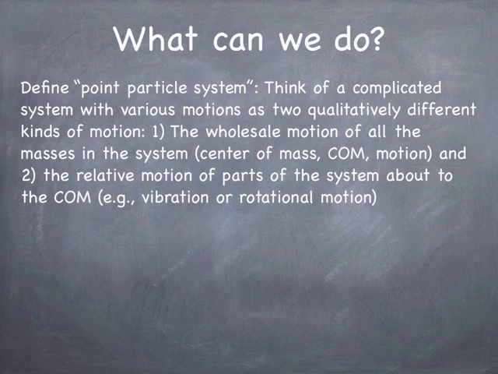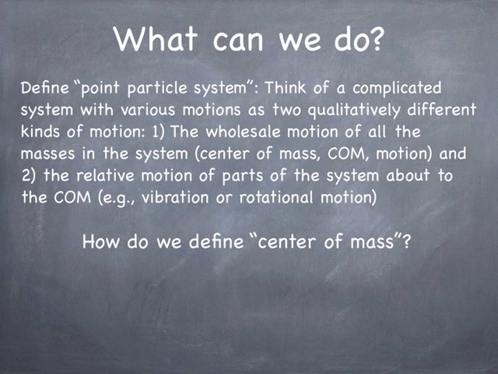The other is that there is also relative motion of the parts of the system about the center of mass. The motion of the center of mass we're going to call translation, and it will have an associated kinetic energy called translational kinetic energy. And the relative motion of the parts of the system about the center of mass will also have some kinetic energy associated with it, and we're going to call that relative kinetic energy.